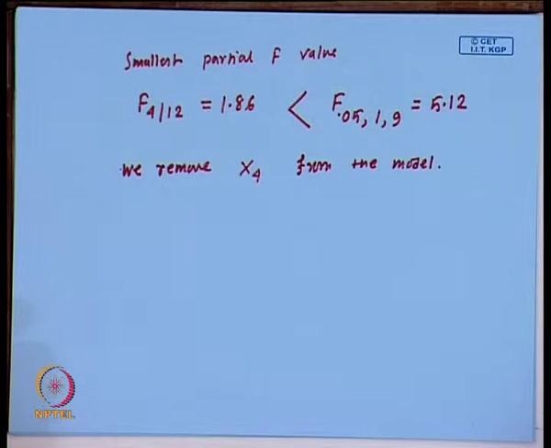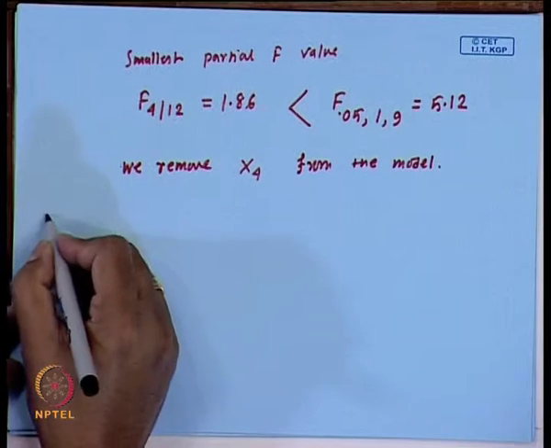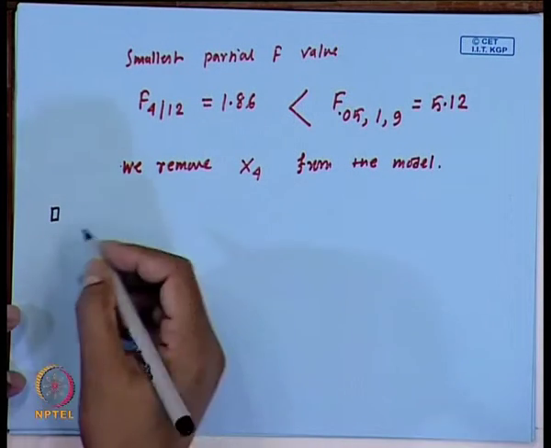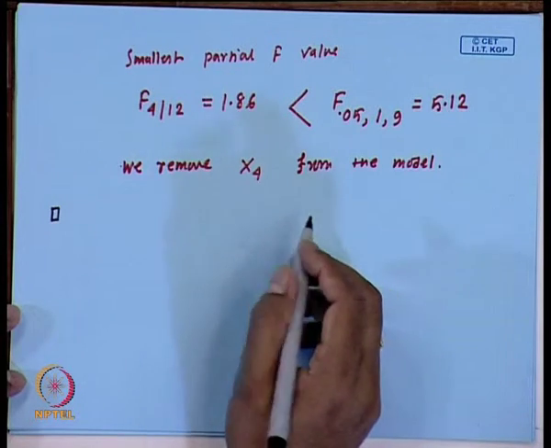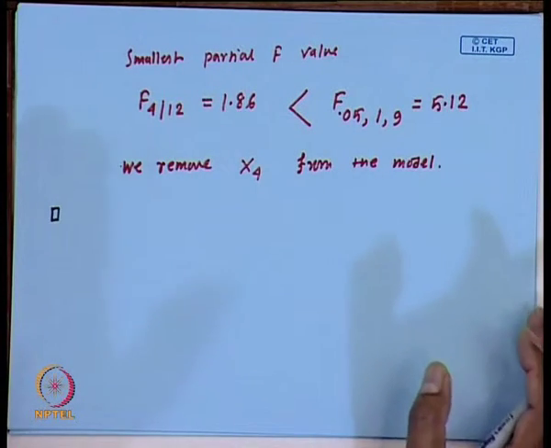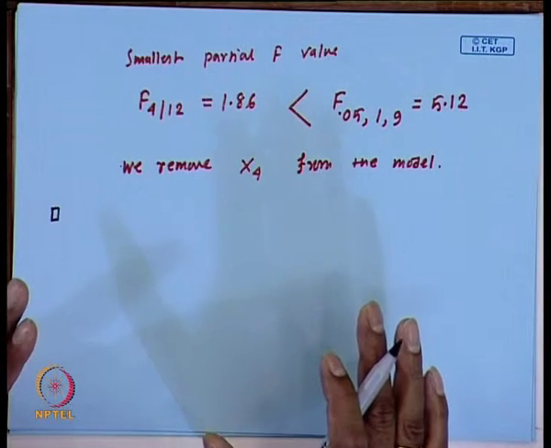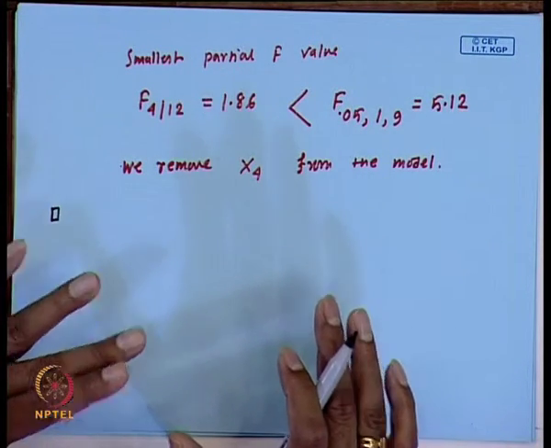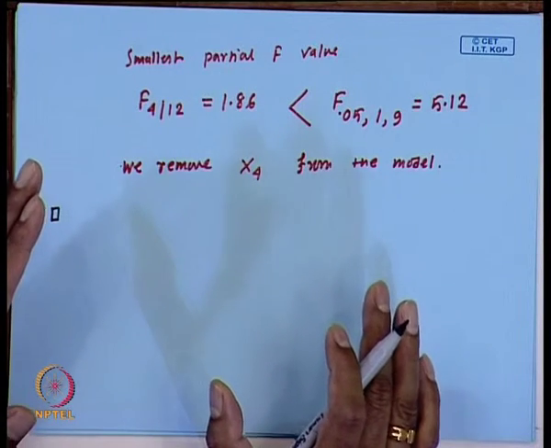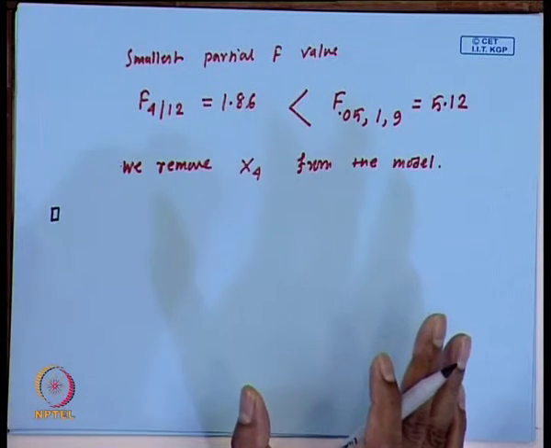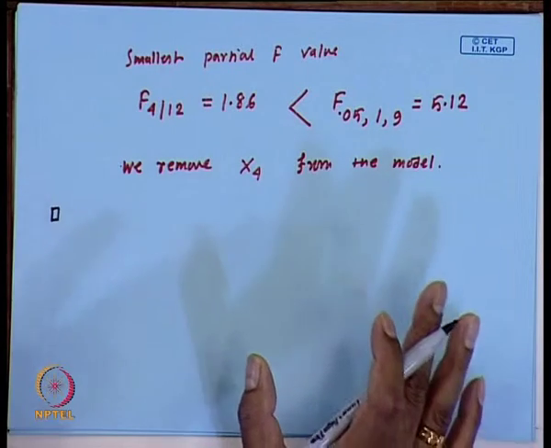Okay. So, the next step, initially we started with x 1, x 2, x 3, x 4. Then in the first step we have removed x 3 from the model. In the second step we have removed x 4 from the model. Now, we are left with x 1 and x 2.